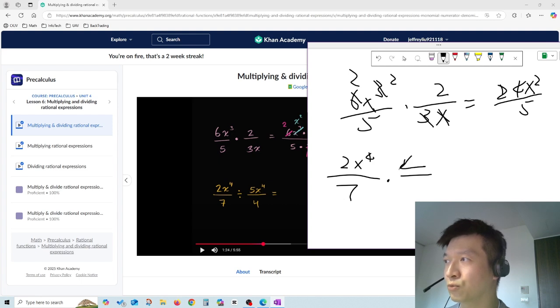So the numerator will become 4, the denominator will become numerator, and you can do this, and this becomes 8, and 7 times 5 equals 35. Okay?